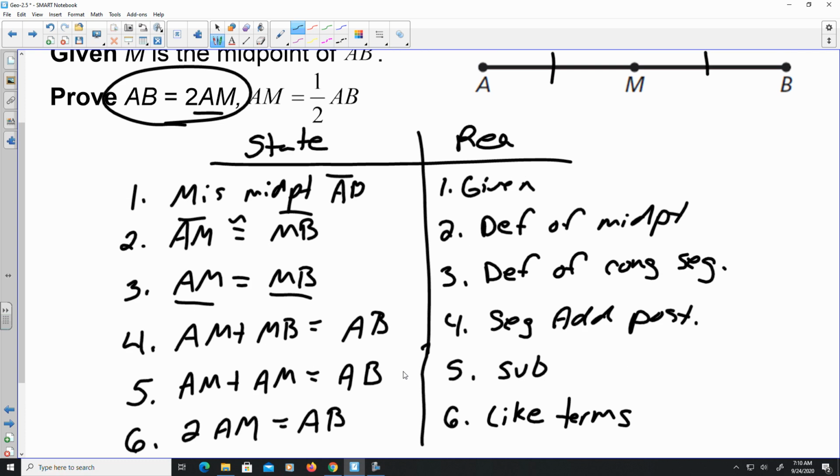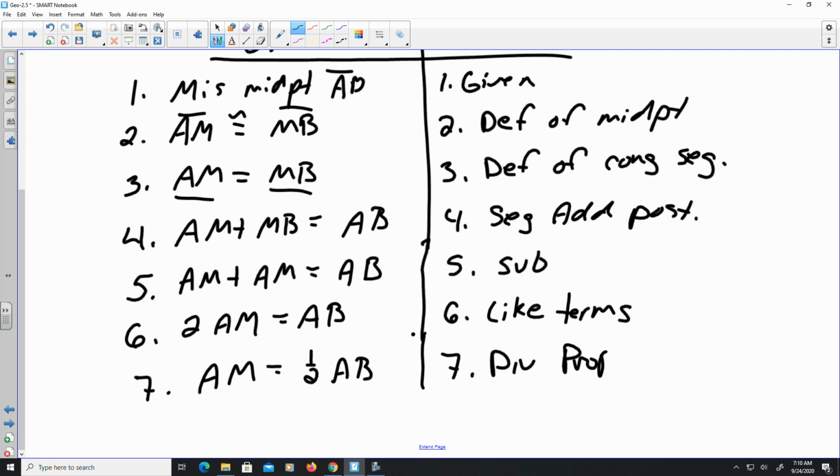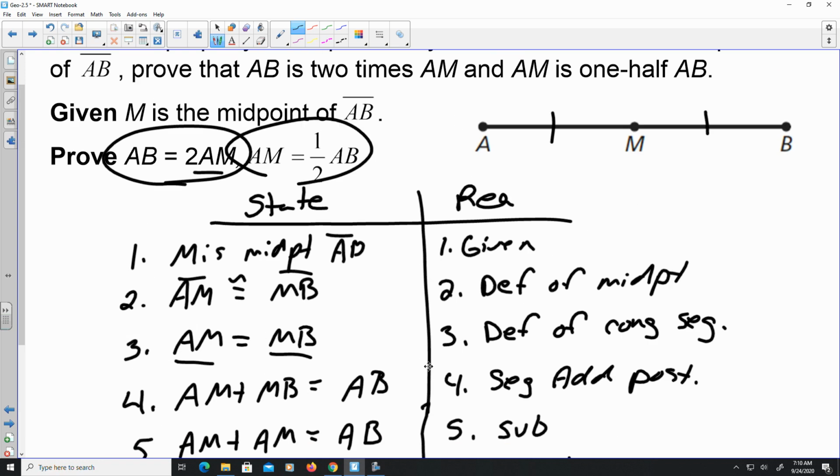And then the next thing they want you to do is AM is half of AB, so that would just be dividing both sides by 2, so it'd be division property. And that's both of our proofs. So steps 6 and 7 did both of those proofs here and here.